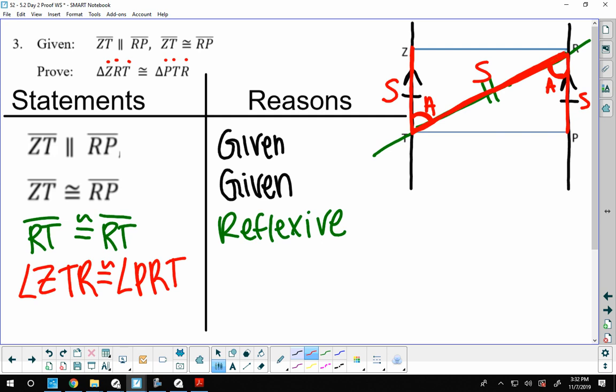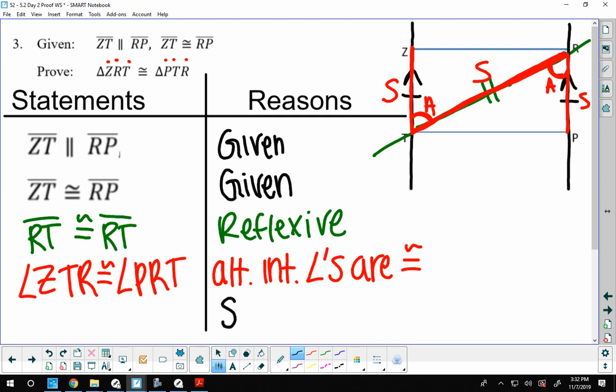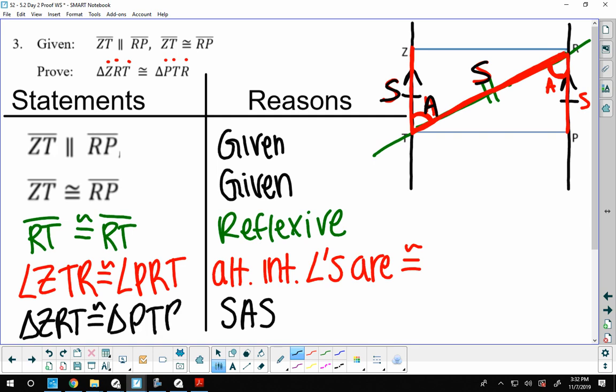And that is by alternate interior angles are congruent. So I'm okay with you using this shorthand, abbreviating alternate as ALT, interior as INT, the symbol for angles, and the symbol for congruence. And then now we have all three components, right, to say that by side angle side congruency postulate, my two triangles, ZRT and PTR, are congruent.